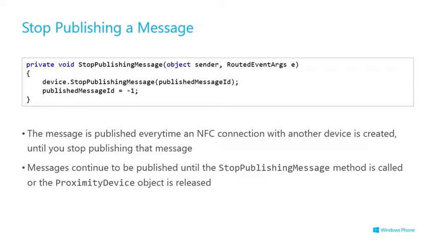Once you start publishing a message, it will be sent every time your device thereafter connects to another NFC device. So you keep on tapping devices together, or different devices. It will continue publishing that same message until you call stop publishing message or you null out that proximity device reference you've got.